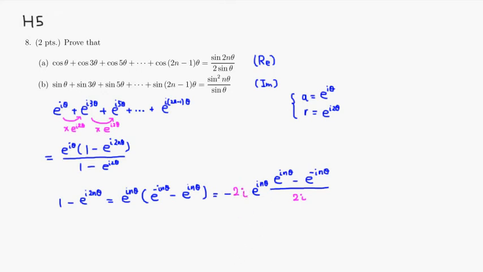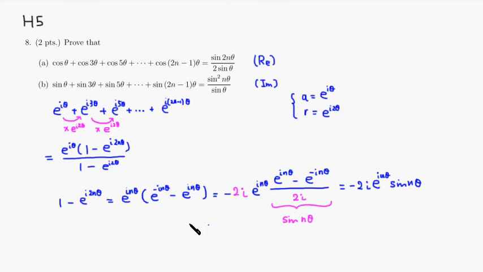Then you can see that this is exactly the same thing as sine of n theta. So we can write this as negative 2i e to the i n theta sine of n theta.